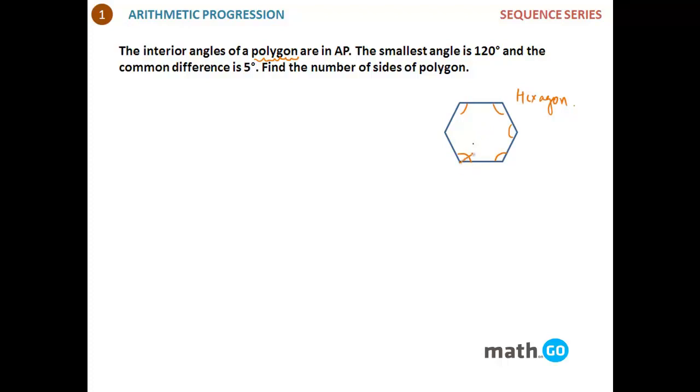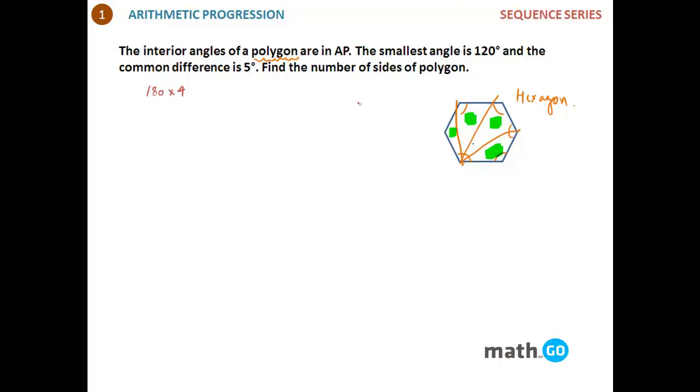So let me draw as many triangles as are possible in this particular problem. Just mind the lines, they might not be drawn to scale. So this is the first triangle, second triangle, third triangle, fourth triangle, right? So there are 4 triangles which we can draw here. Each triangle has a sum of interior angles of 180, so 180 into 4.